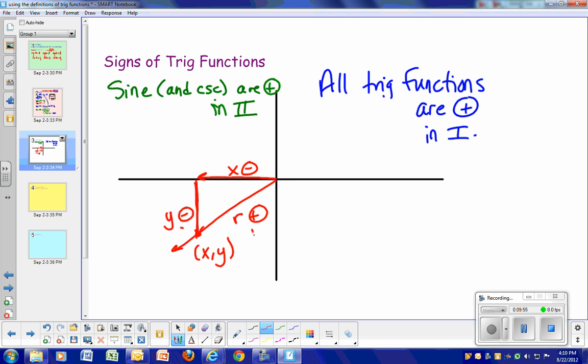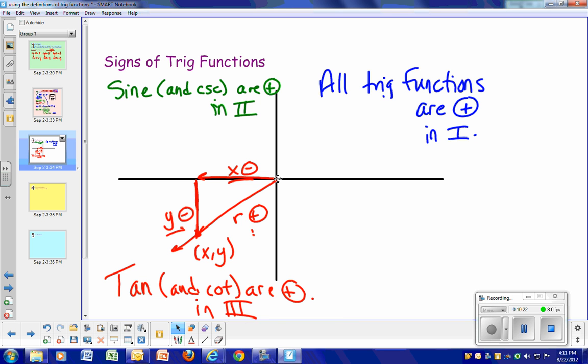Cosine, x over r would be negative. Oh, the tangent. Tangent is y over x, and a negative divided by a negative would be positive. So in quadrant 3, tangent and its reciprocal cotangent are positive, but everything else is going to be negative. Every other trig ratio in quadrant 3 is going to be negative. Okay.